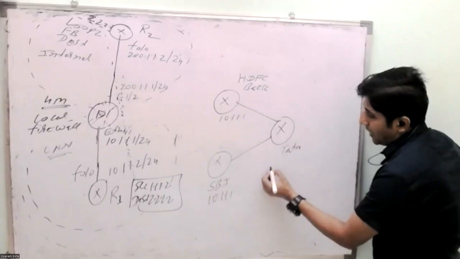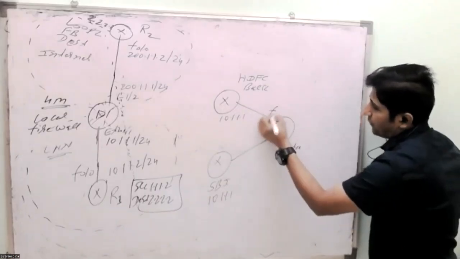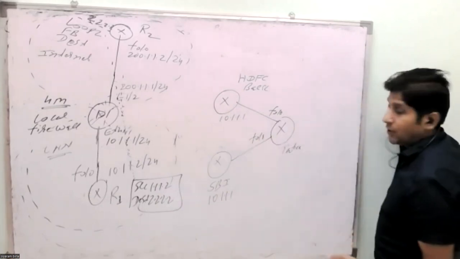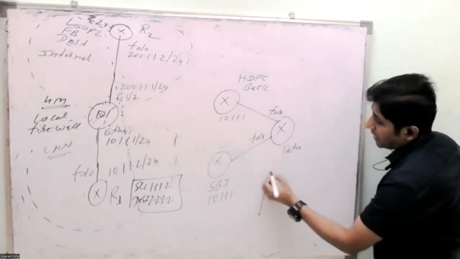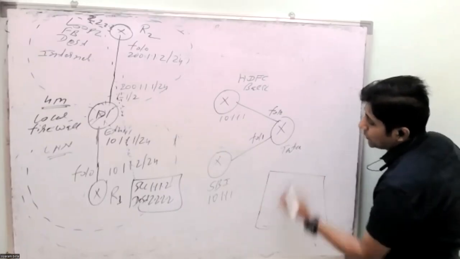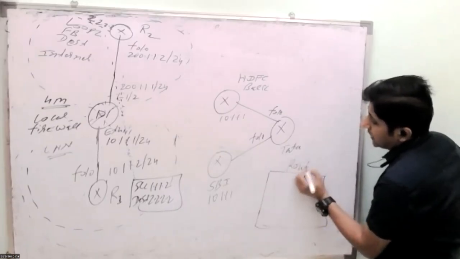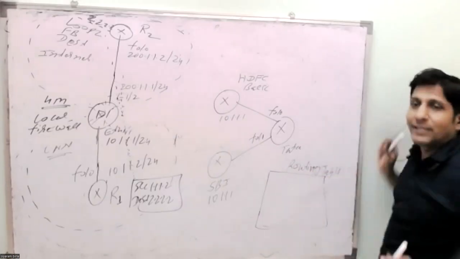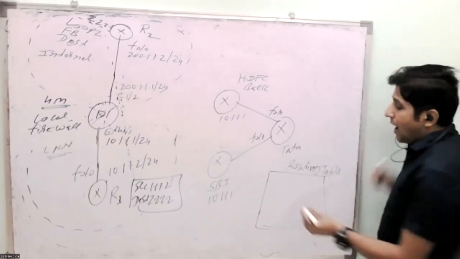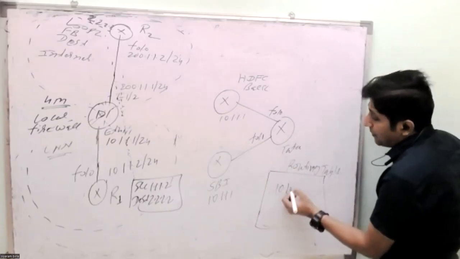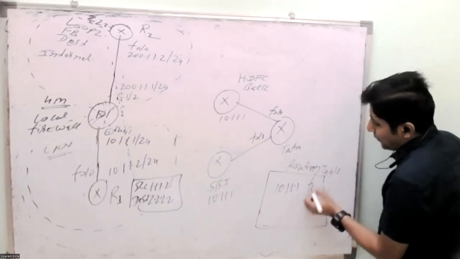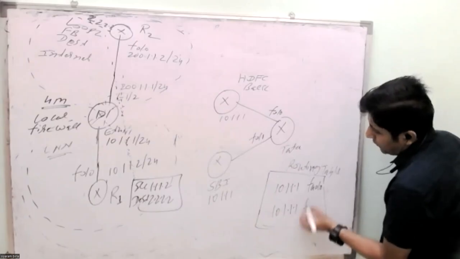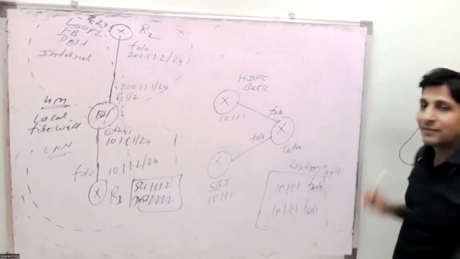My Tata router has a routing table, which gathers the route information and keeps the routes. In the routing table I am putting two same IP addresses: one on FastEthernet 0/0, and the other the same 10.1.1 on FastEthernet 0/1.